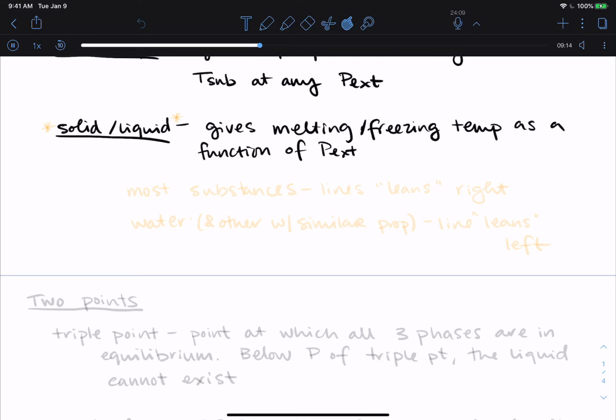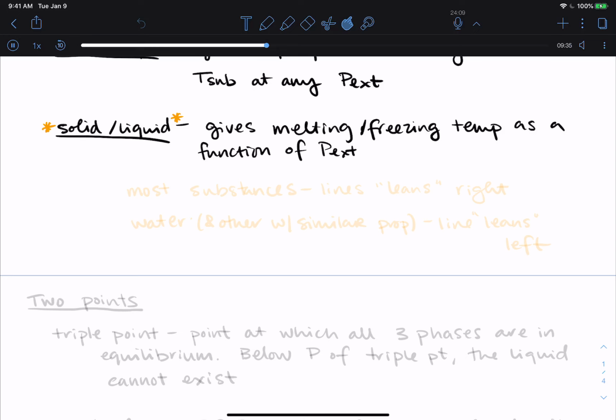So all of the words that we just said about how pressure affects melting, we will see those effects in the solid-liquid line. What we are going to find is that you'll be able to read this just like any other graph.